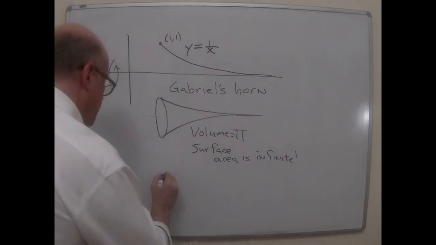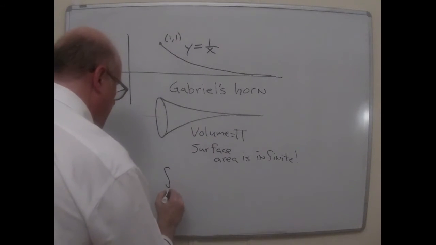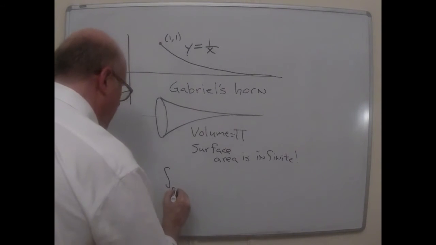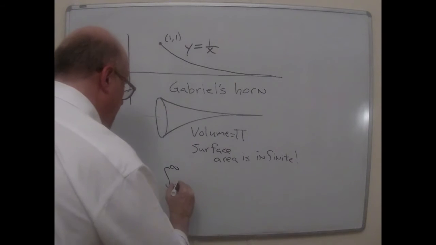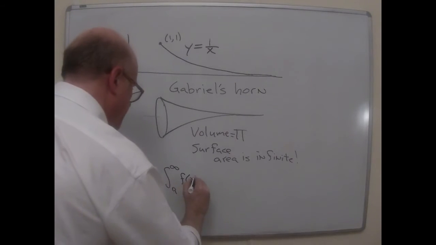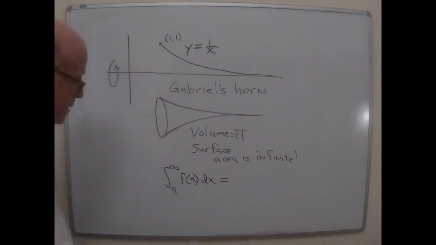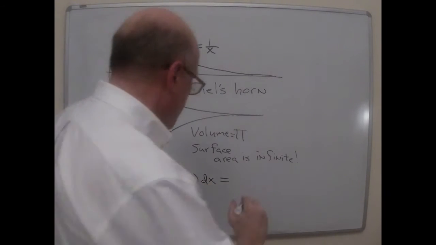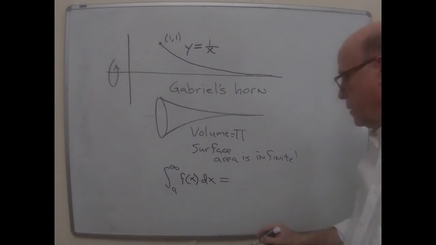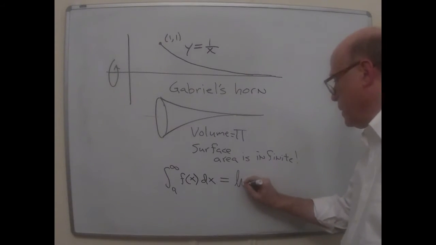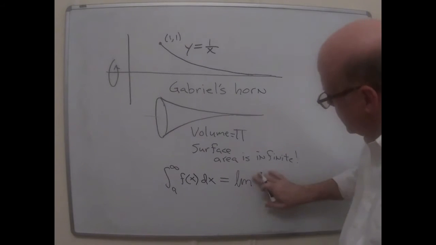So let's mention the general thing: if you have an integral that goes from some point a to infinity of a function, we just define that integral that has an infinite limit at the upper end to be a limit in the other sense of the word limit.